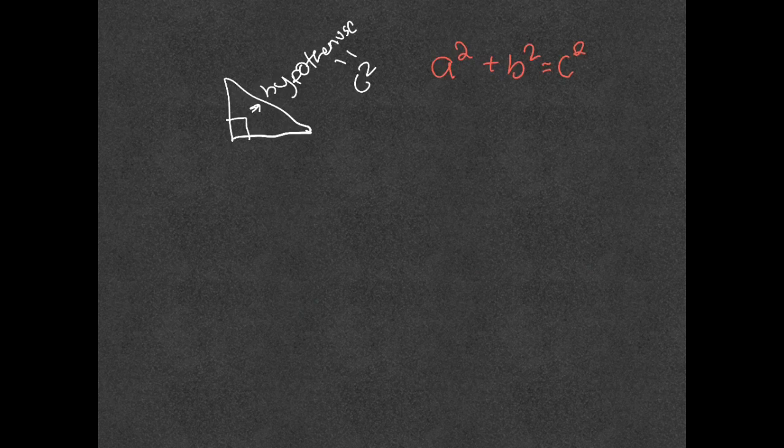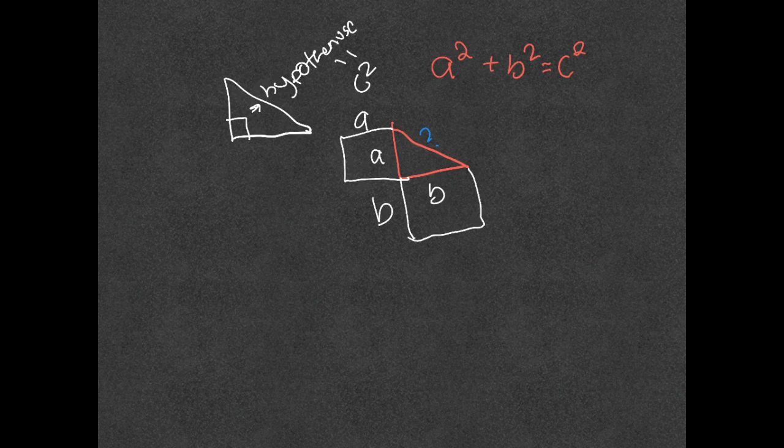So if you have a triangle and you have A and B and you're trying to find C, first you would do A times A in order to find the area of this square, and then you would do B times B in order to find the area of this square.